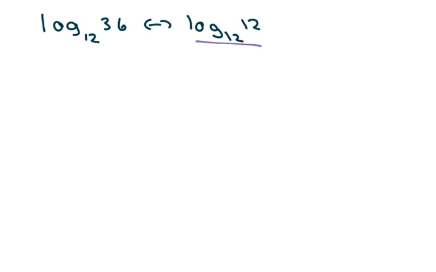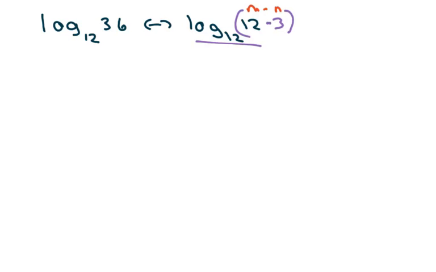Okay, now let's do the next one. We have log base 12 of 36, which we can write as log base 12 of 12 times 3. Don't forget, we still have this we can use. So this is your m times n.